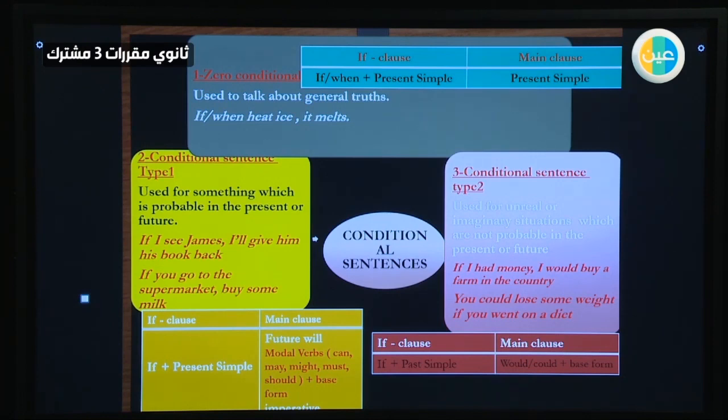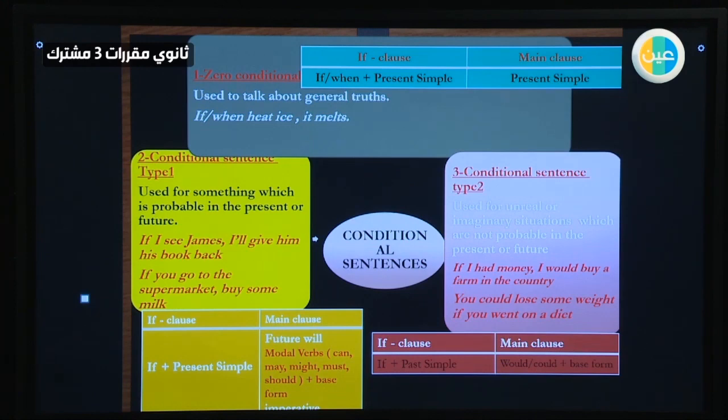But number 2, we call it conditional sentence type 1. This is used for something that's probable or possible to happen, whether in the present or in the future, for something normal that could happen, okay? Like I say, if I see James, I can see him.